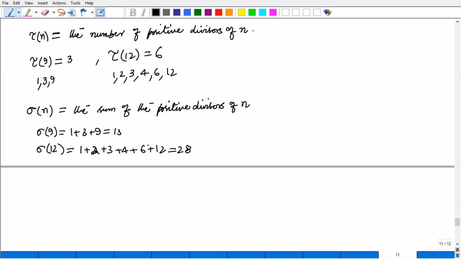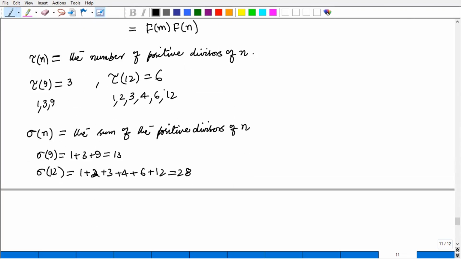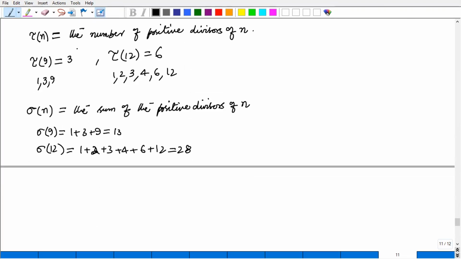So now these two functions, tau, sigma, and Euler phi function phi. Okay. So we have studied 3 functions.